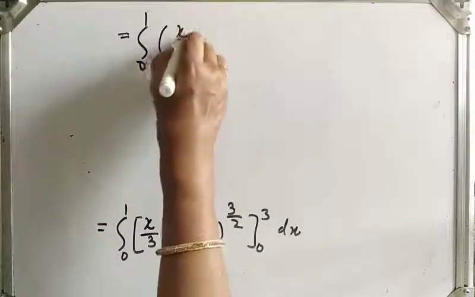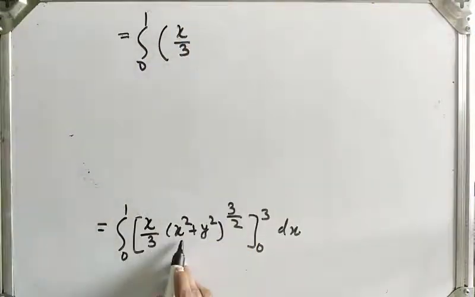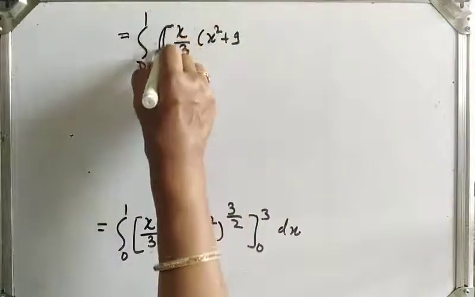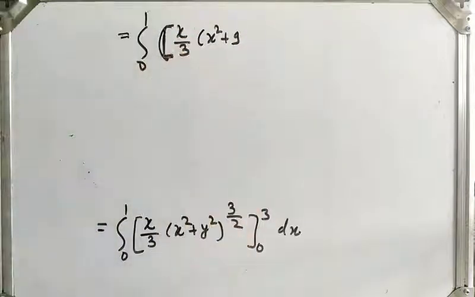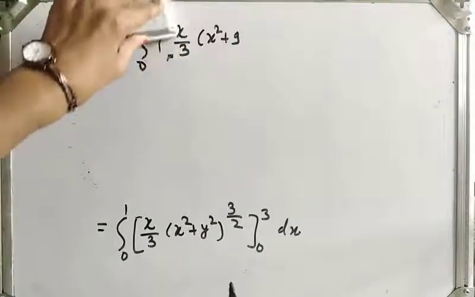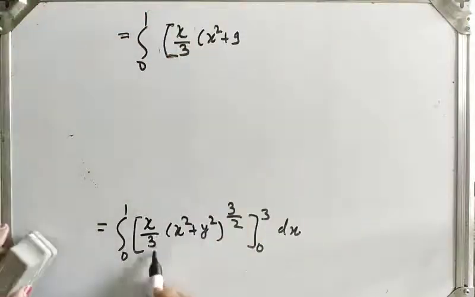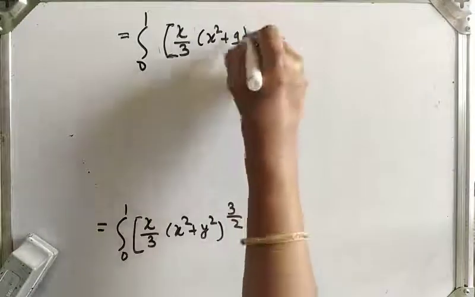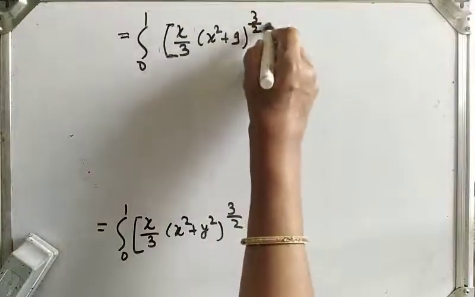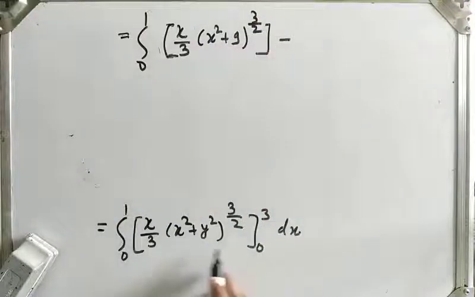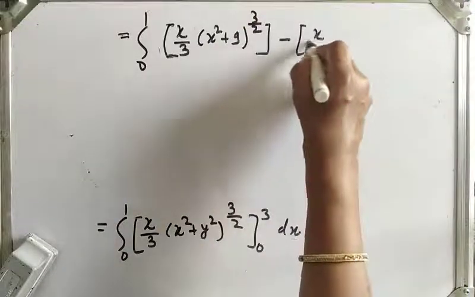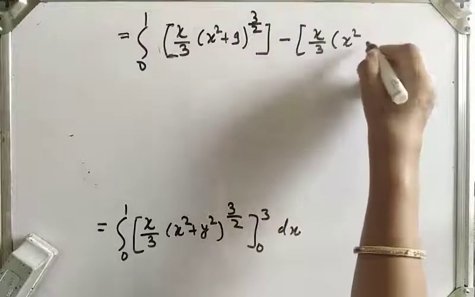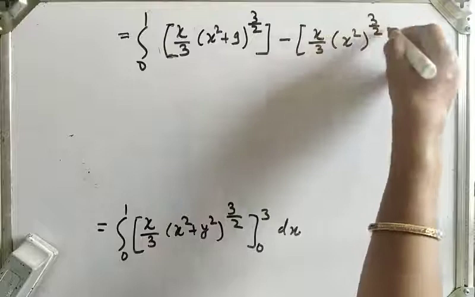So that is x upon 3 into x square plus 3 square, that is 9, raised to 3 by 2, minus, now put 0 in place of y, so that will be x upon 3 into x square plus 0 raised to 3 by 2.